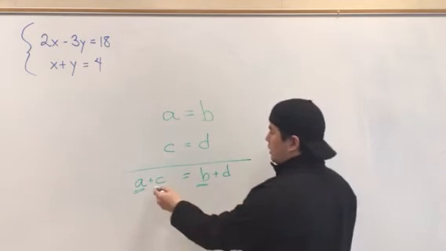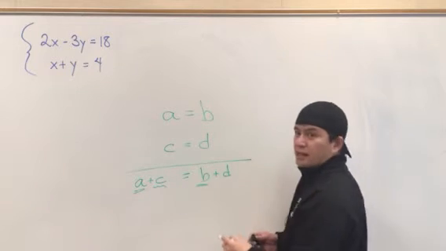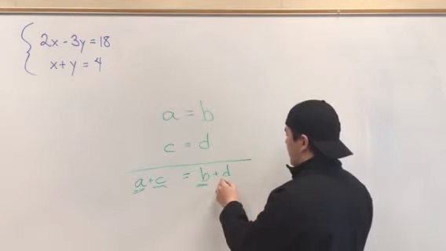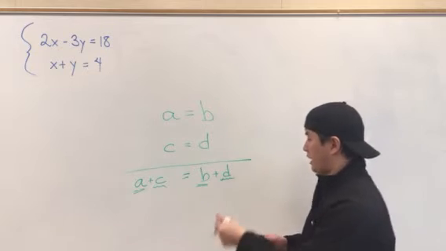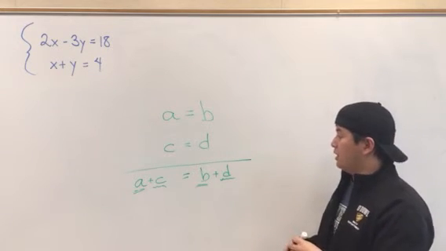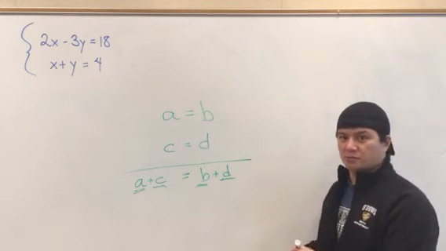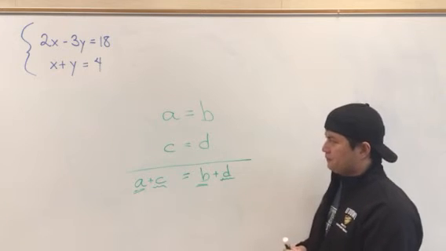And as long as whatever I added to the left side of the equation is the same value as what I added to the right side of the equation, then I end up with this balanced equation. Should still be true, logically.